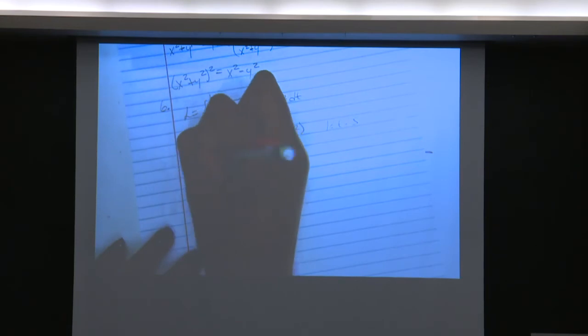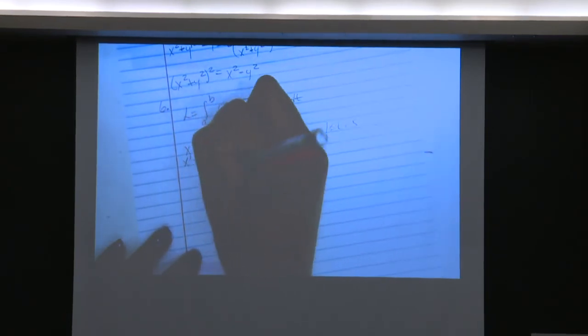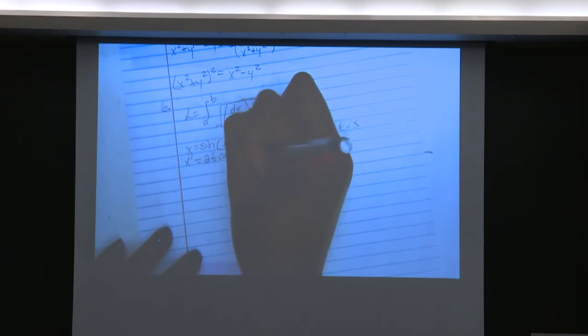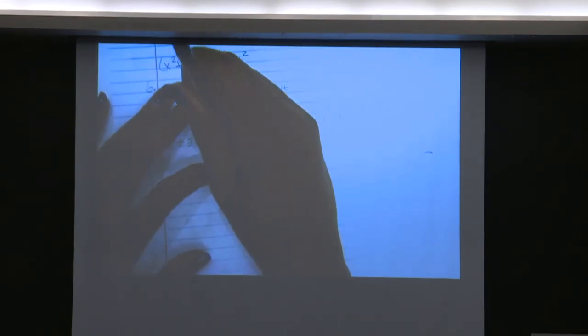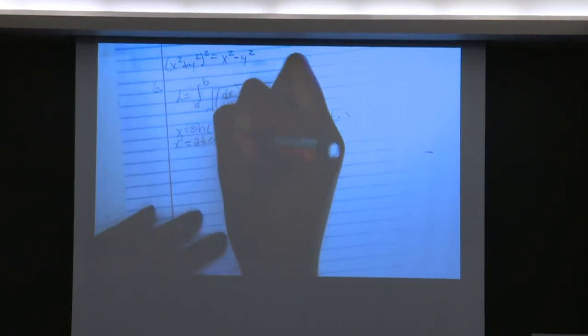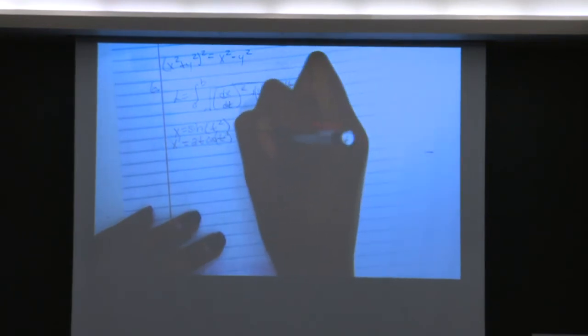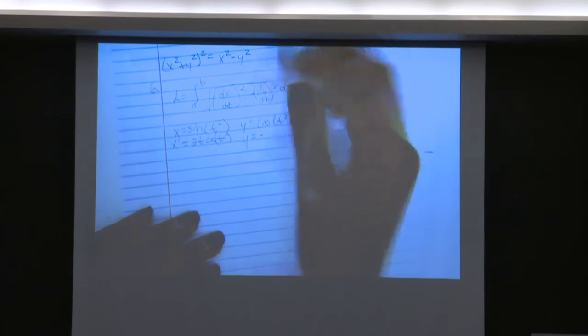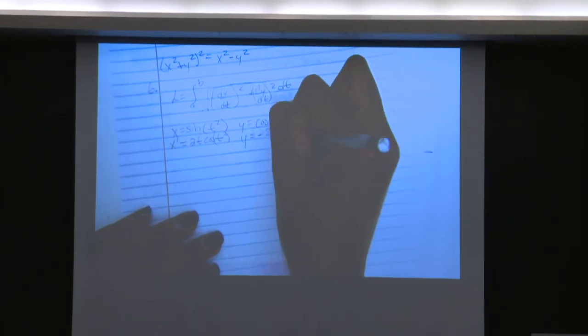Or take the derivative first and then solve our integral. dx/dt is 2t cosine t squared, and dy/dt is negative 2t sine t squared.